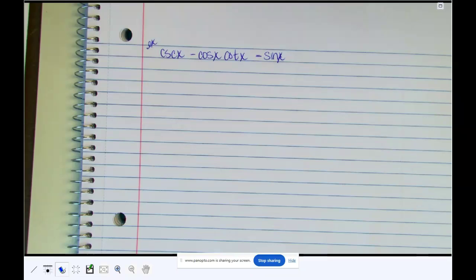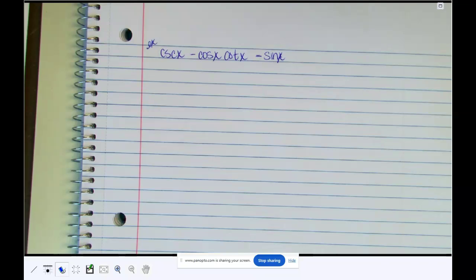This is actually really not bad at all. What are you going to do? Can you factor anything out of that? The first term is a cosecant, right?